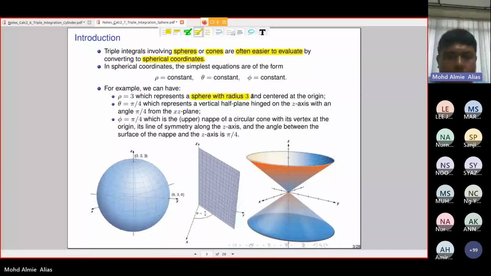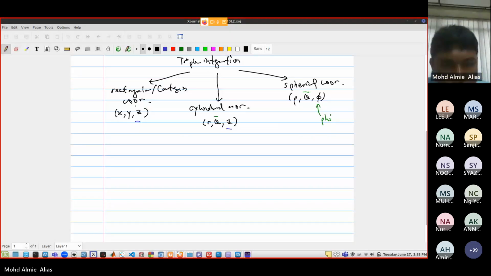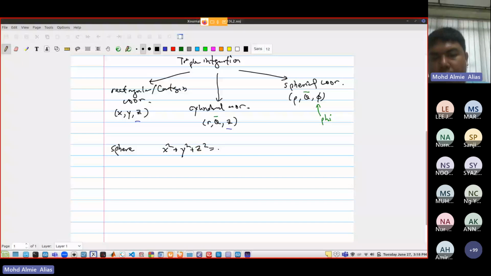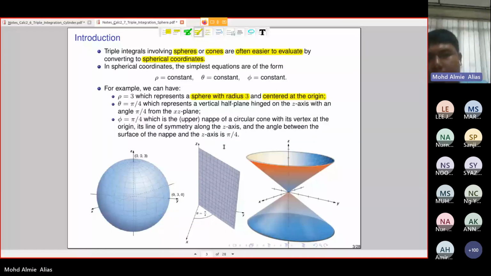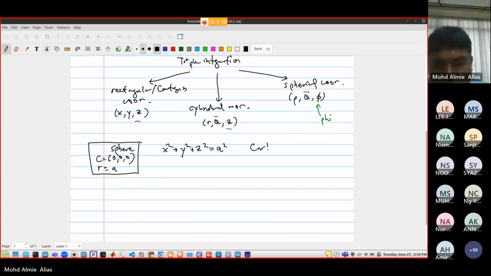So in Cartesian or rectangular coordinates, a sphere is described by x squared plus y squared plus z squared equals a certain radius squared, a squared, for example. Here, a sphere with center 0, 0, 0 and radius a. Okay, so in Cartesian you use this equation.